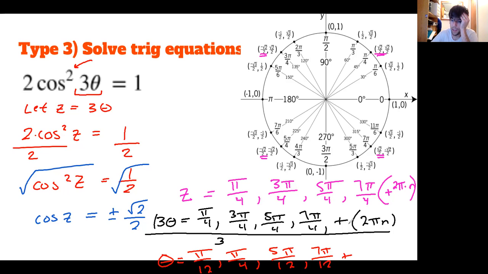Plus any multiple of 2 pi divided by 3. So 2 pi over 3.